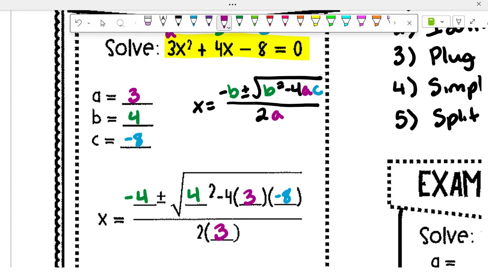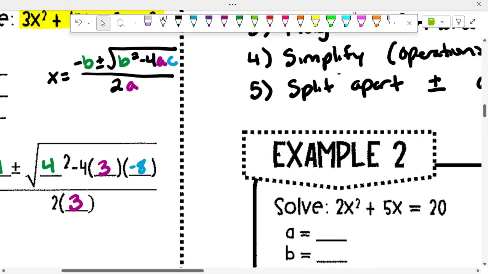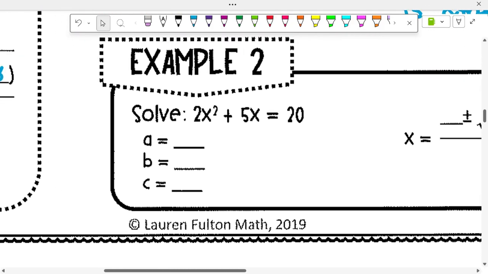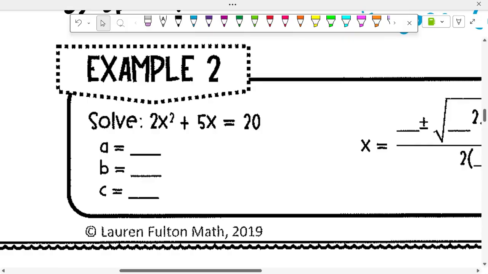Now, we're not going to solve just now. I just wanted to make sure you put it in the formula. So let's try another one with just putting it in the formula. So example 2. First off, do I have ax squared plus bx plus c equals 0? No. What do I need to do? I need to move something over to the other side. What am I moving? 20.